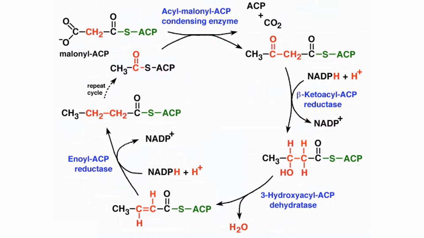So in the first step, we are going to be condensing these 2 molecules, and that's accomplished by the acyl-malonyl ACP condensing enzyme. That's a mouthful. We get the release of one of those ACP carrier proteins, and we see also a decarboxylation.